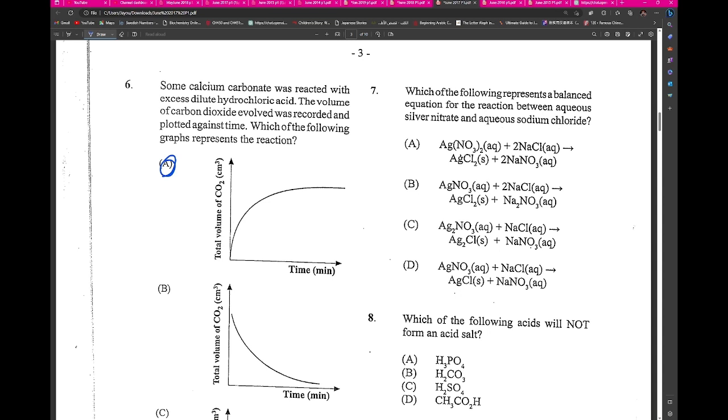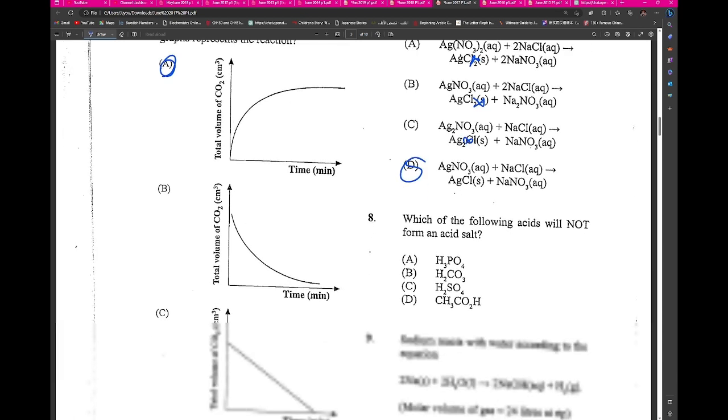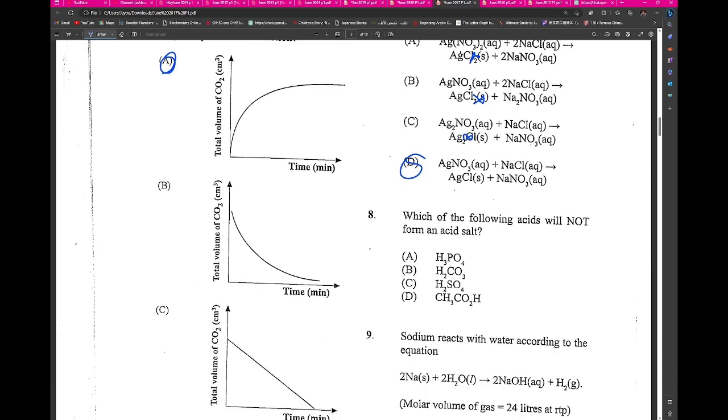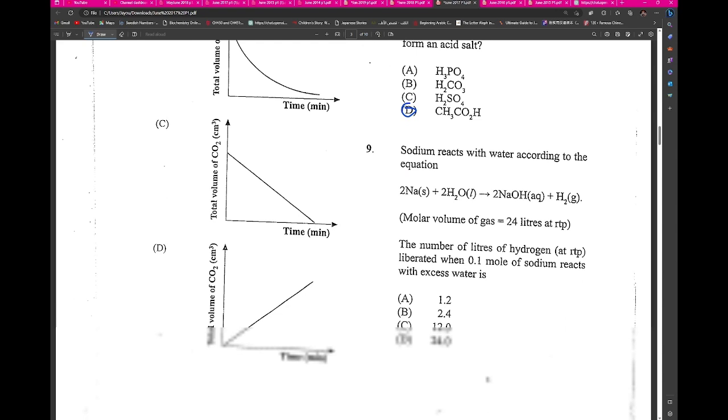And silver chloride is AgCl. So this is wrong. This is wrong. This is wrong. So this is right. The following acids will not form an acidic salt. Probably would be this acid, right?